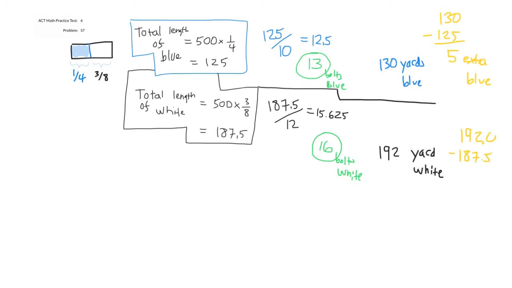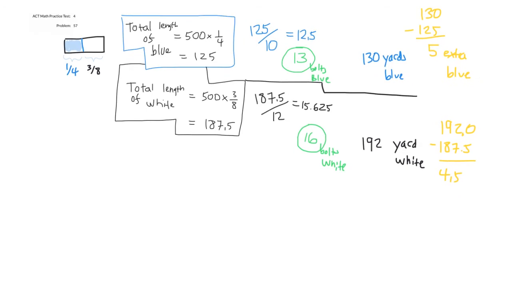We have a 0 there. That's going to be 4.5 extra yards of white. Okay, we can say extra yards here.